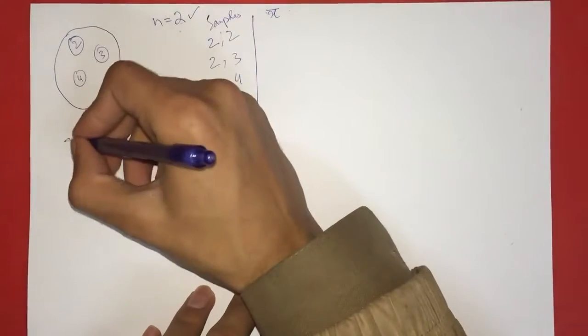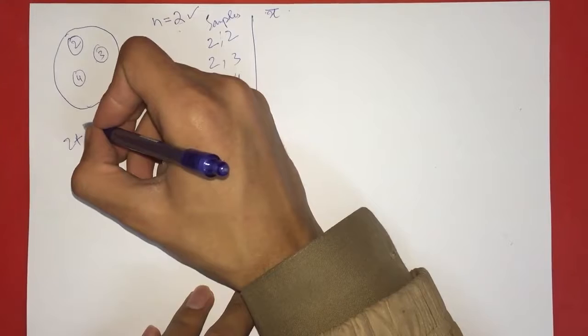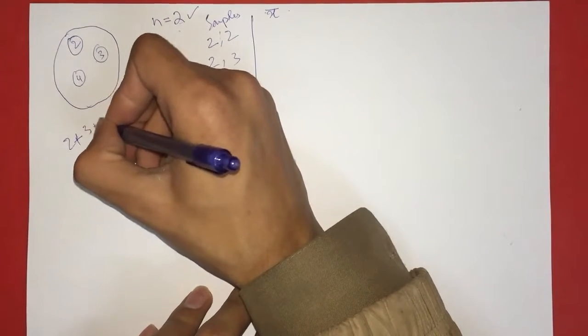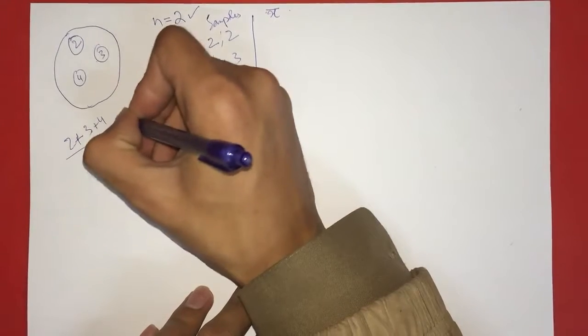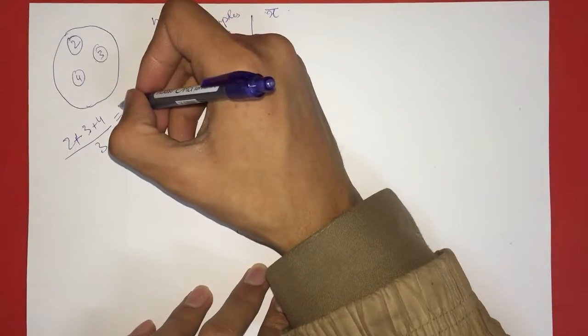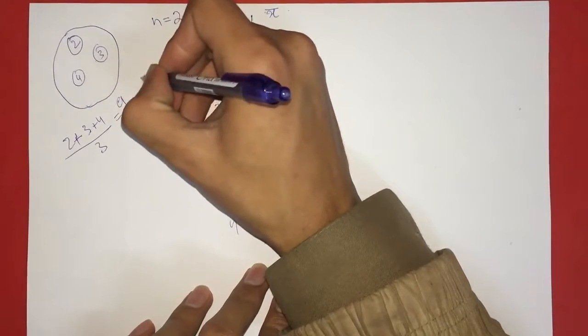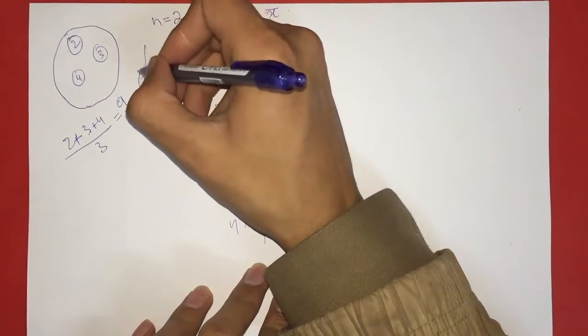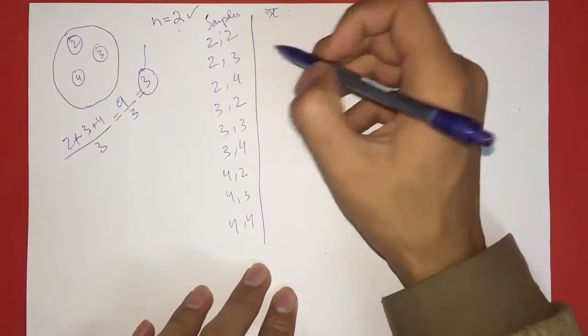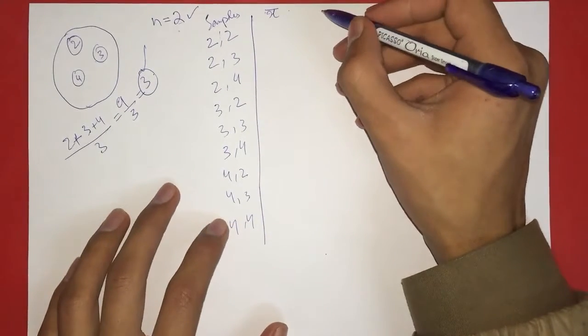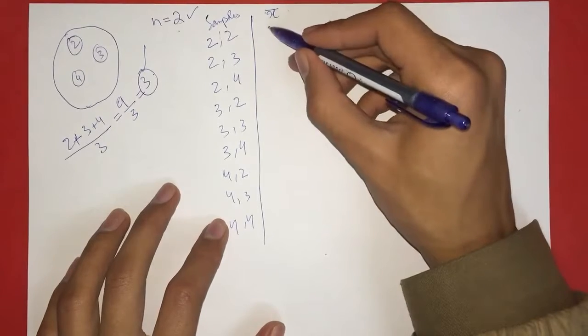So first let's find the mean of this population. We have 2 plus 3 plus 4 divided by 3, that is 2 plus 3 is 5, plus 4 equals 9 by 3, and it's going to give us 3. So the population mean is 3. Now let's find the sample means of all the respective samples. We have 2 plus 2, 4 by 2 equals 2.